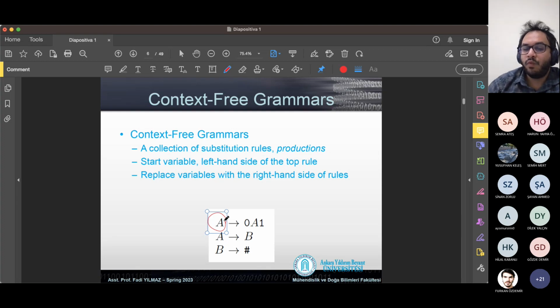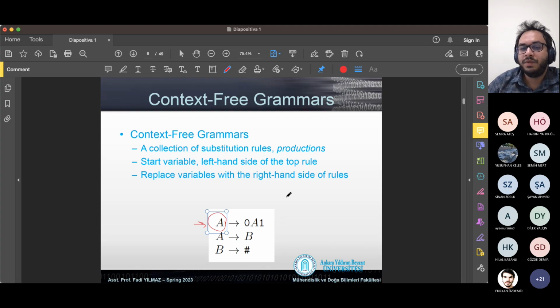What we do is start with A and replace it using any rule. When no variable is left, only terminals remain, and we stop there because terminals cannot produce any more strings. That is our string. You can generate more and more strings by applying these rules.